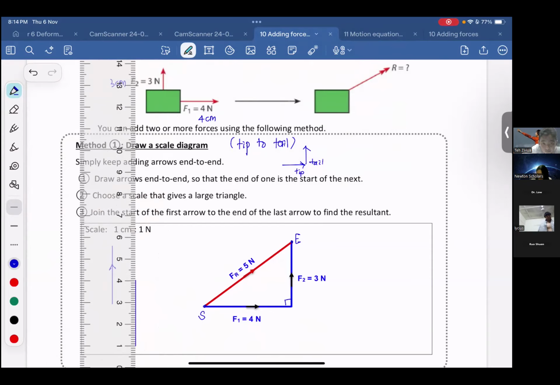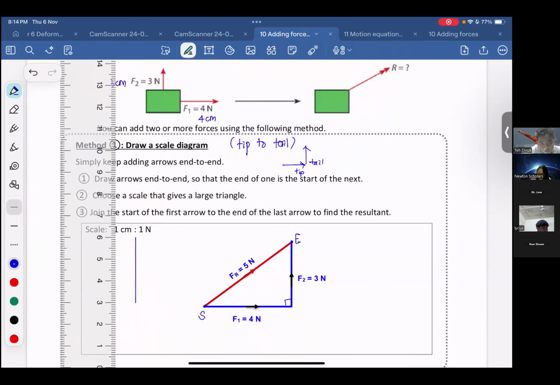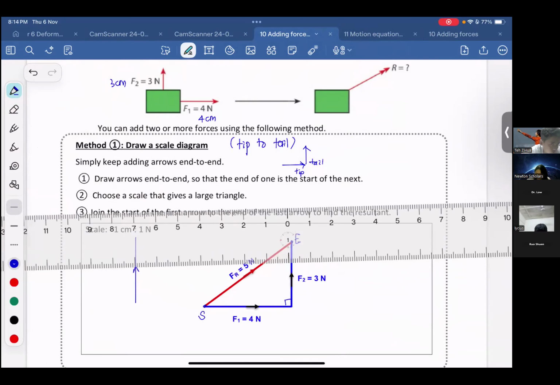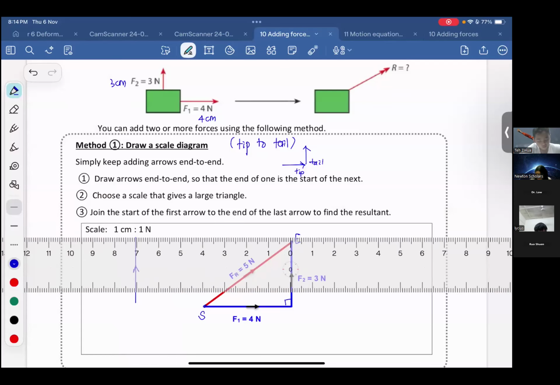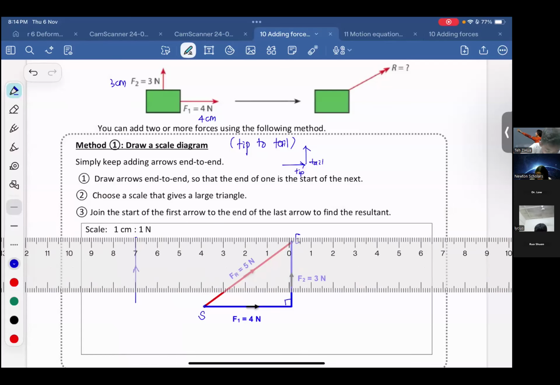Something like this. This is the 3 Newton. The direction cannot change, so I move the 4 Newton upwards. Move your 4 Newton upwards. So you draw 1, 2, 3, 4.